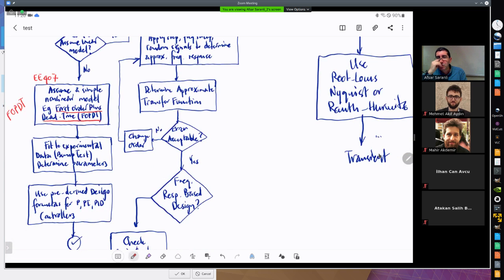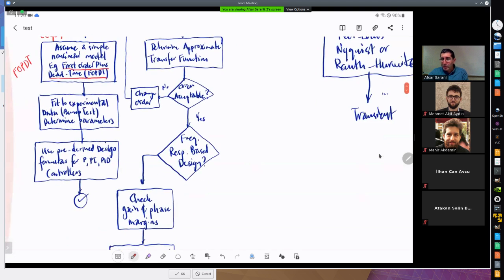From the response, you extract those small number of parameters of the first order plus dead time model. And using those parameters, you use pre-derived design formulas in order to derive a PID controller, essentially.